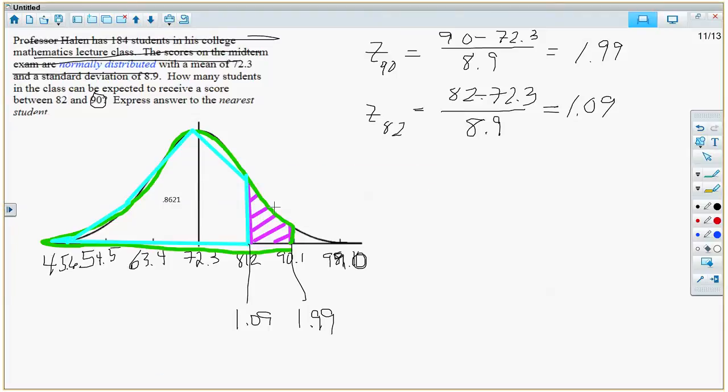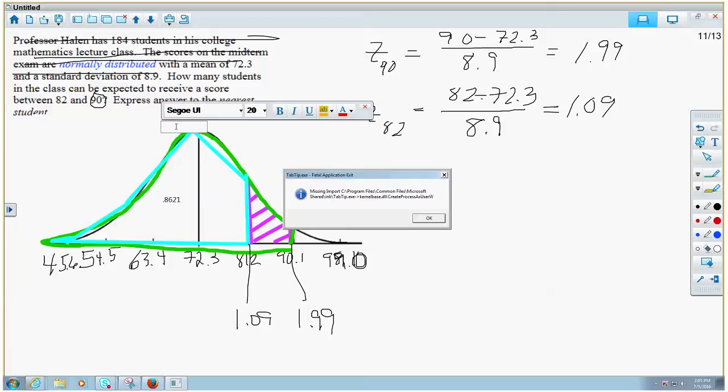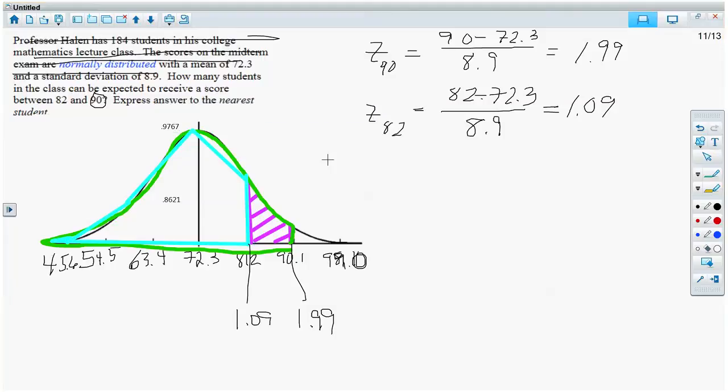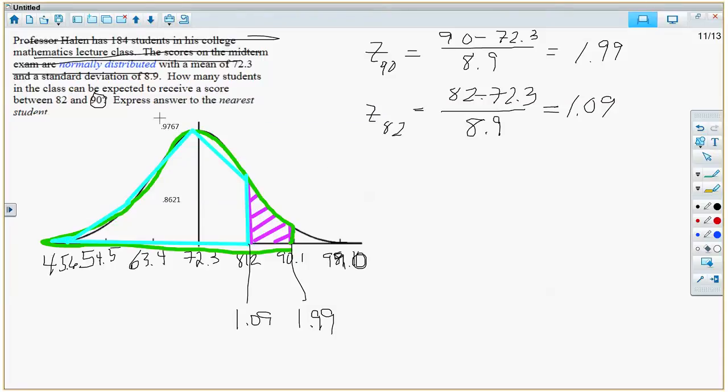And the green area I'll put right here is 0.9767. That's the green area. So you need to make a note that this is the green area and point it to the big area. So 0.9767, which is your big area, minus 0.8621.